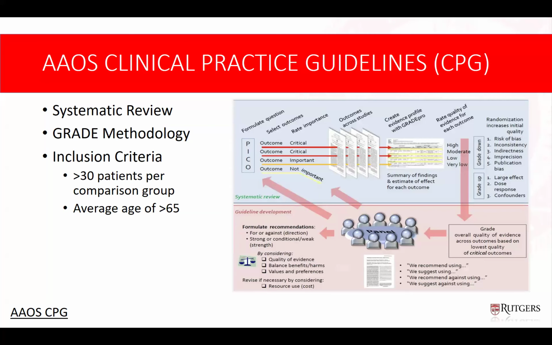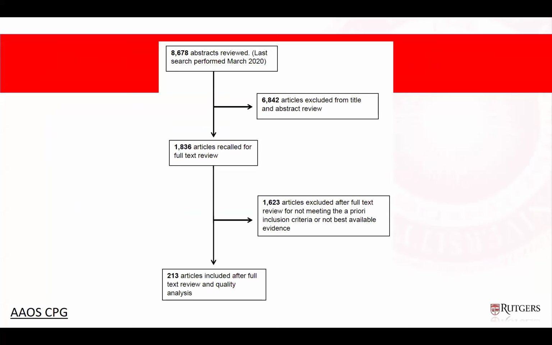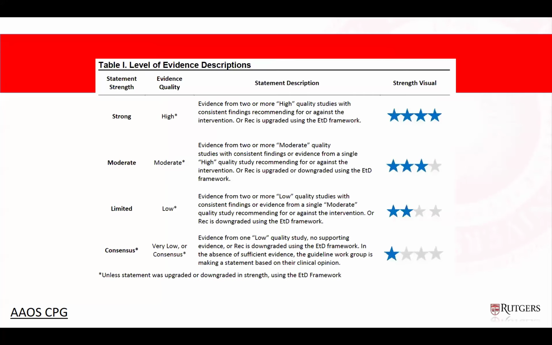They use a GRADE methodology, and the inclusion criteria for this particular clinical practice guideline were at least 30 patients per comparison group, and the average age of the hip fracture patients had to be over 65. 8,678 abstracts were reviewed, and they ended up with 213 articles that were deemed worthy of inclusion in the clinical practice guidelines.